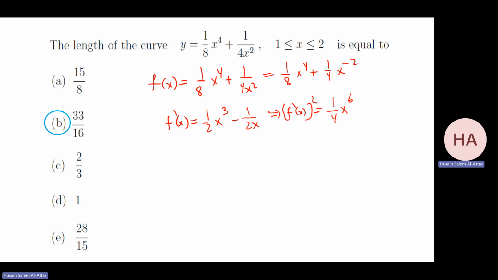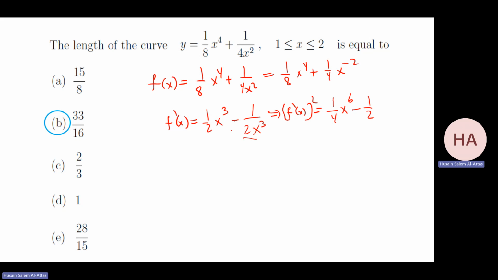So this one, this times 2, that gives me, yeah, that's minus 3. That will be minus half x to the power minus 3, 1 over 2 x cubed. So this is minus half. It should be minus half. So I have 1 over 4 x to the power 6 minus half.